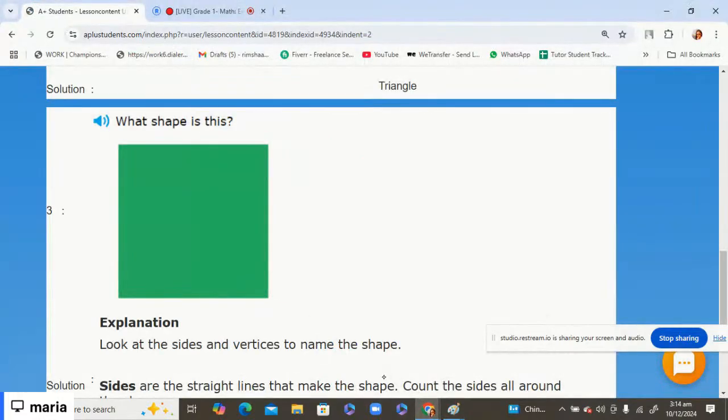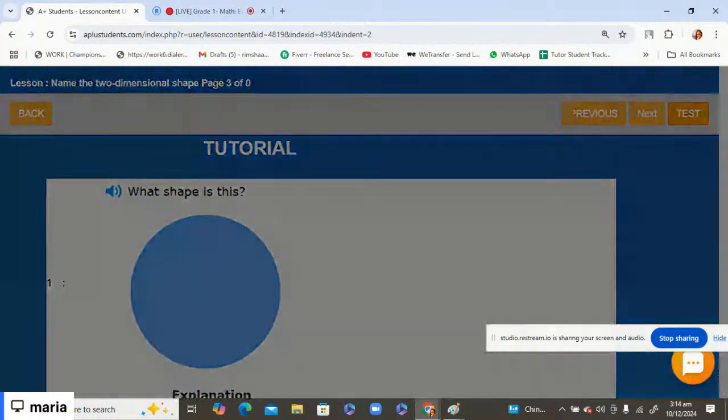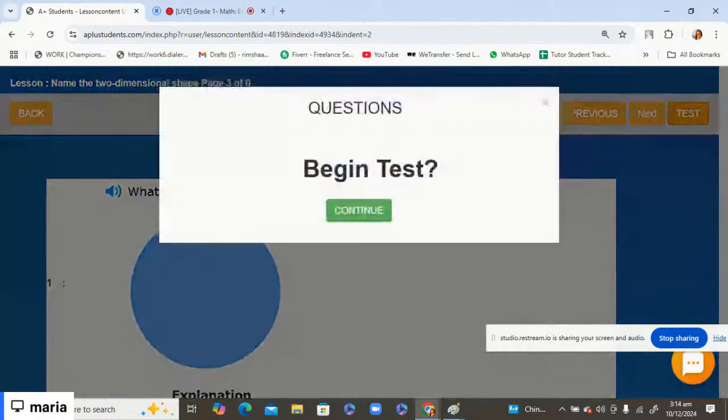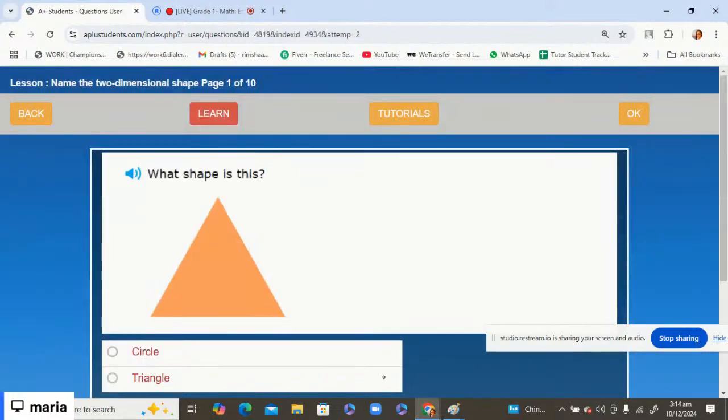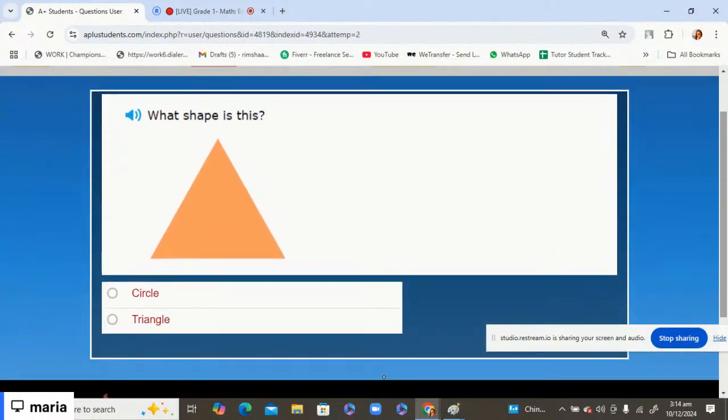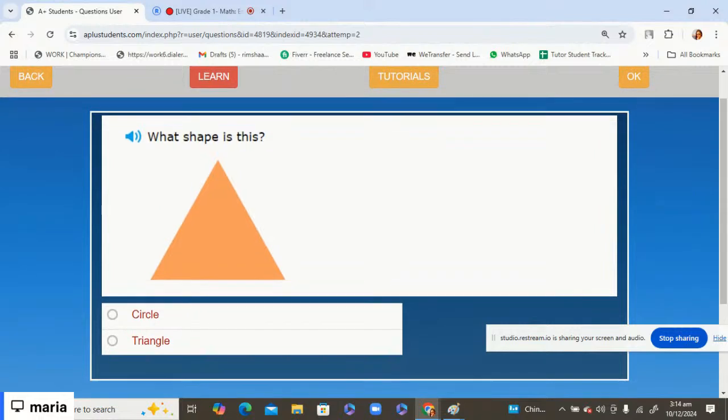Now let's do the test. Now let's do some test questions and you guys tell me. Okay, everyone tell me in the chat, what shape is this? Hurry up, it's circle or it's triangle? First you guys check and then tell me.